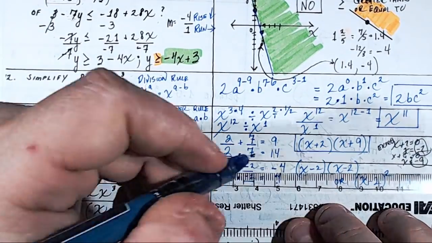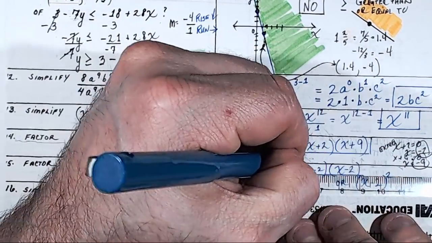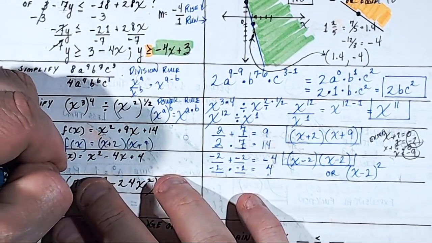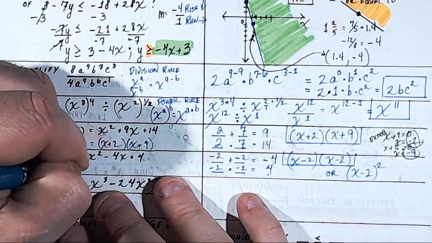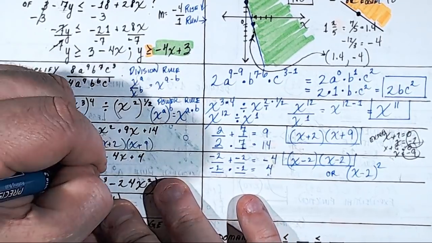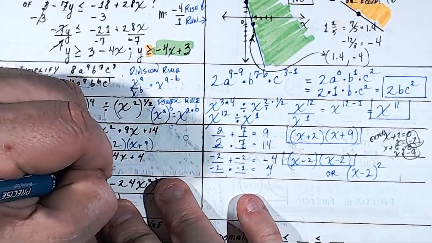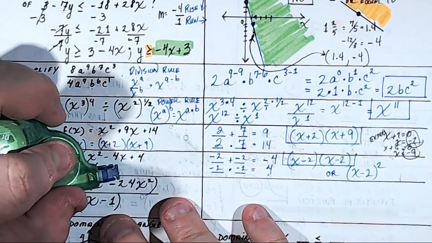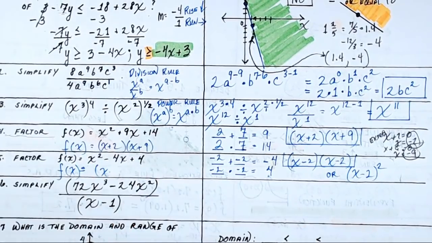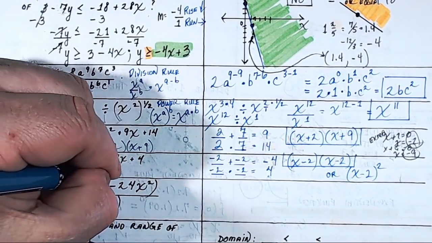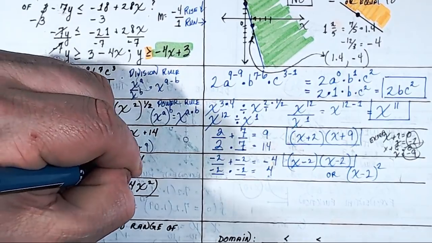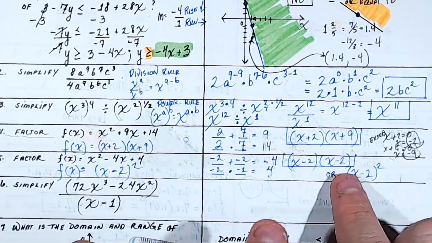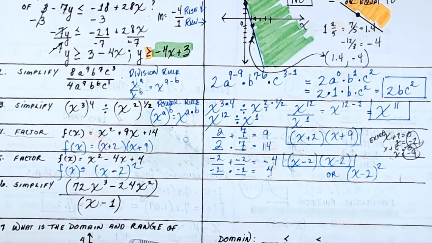I'll box these in, but just for those people who are playing this game at a higher level, you could rewrite this equation as f of x equals, open parentheses, x minus 2 squared. I just wrote a plus sign for some reason. But the boxed answer is just fine.